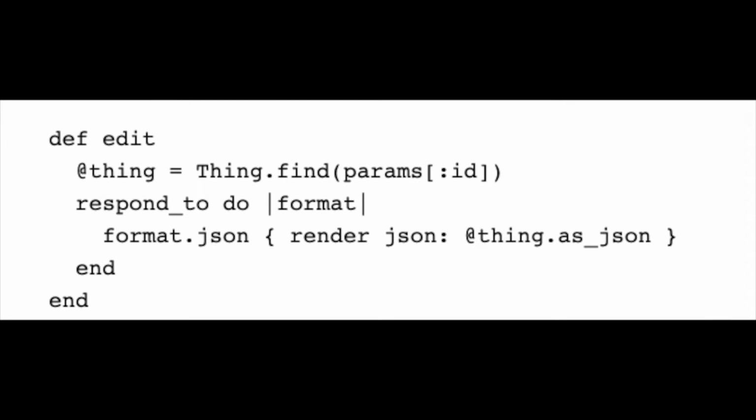Def edit, instance thing equals model thing dot find params, respond to do format JSON, render JSON thing as JSON. In other words, we want to have both an edit and a list or index endpoint for this API.